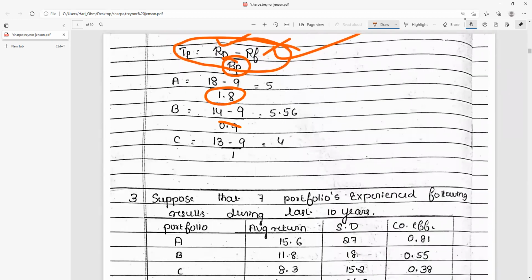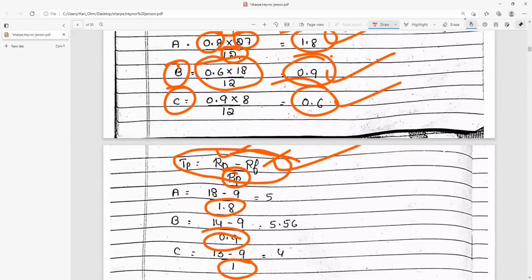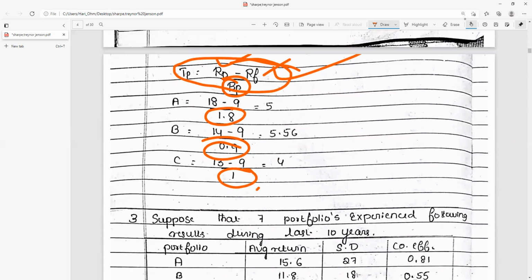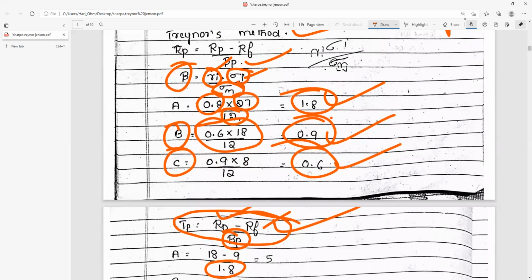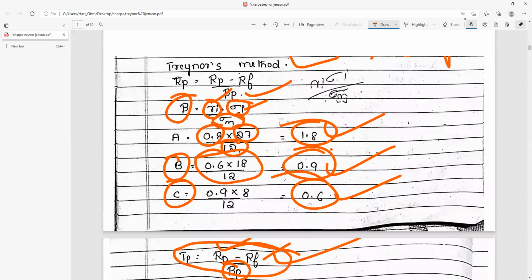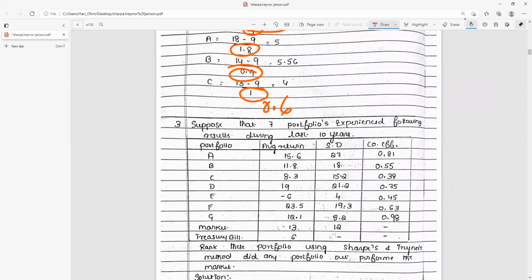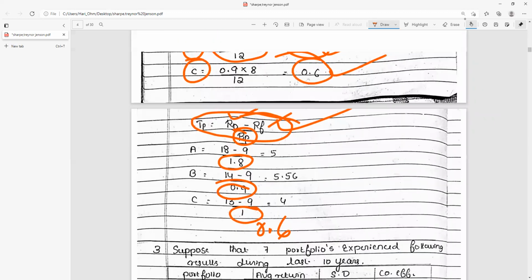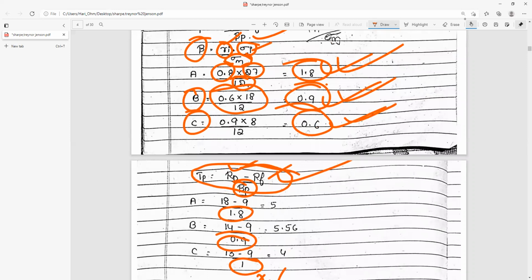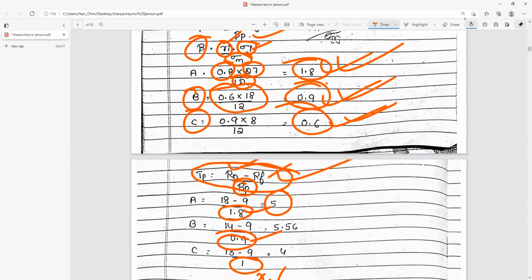For A, that is 18 minus 9 divided by 1.8. 18 is RP, 9 is RF, all divided by beta. So you get the answer 5.